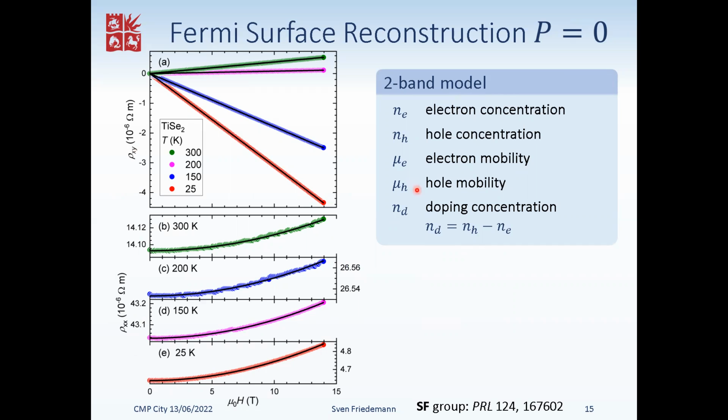However, we fix one of them by observing that the total charge carrier concentration is fixed by whatever.